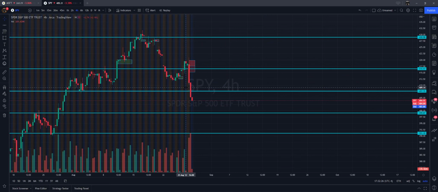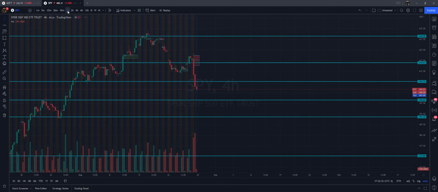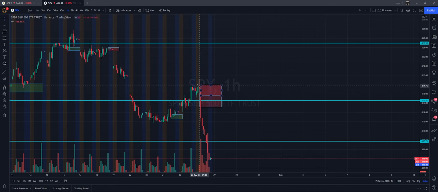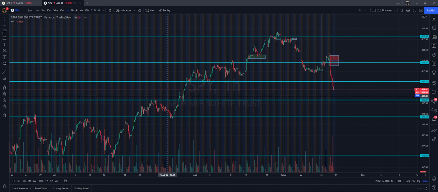But normally we don't really need to focus on that. Just focus on the 1 hour demand zone that you can see, right? In this case, you need a smaller time frame in order to find an accurate and appropriate supply or demand zone, right?